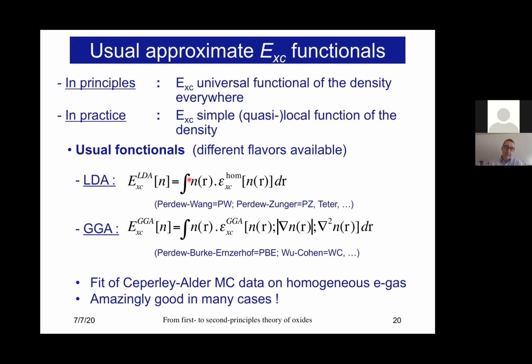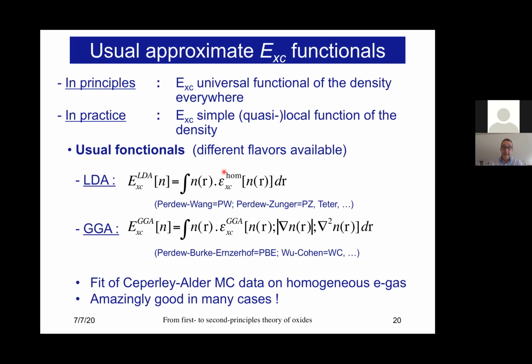And it has become very popular because during the 80s, Ceperley and Alder did some Monte Carlo simulations on the homogeneous electron gas, and they were basically quantifying what this quantity is from Monte Carlo simulations.